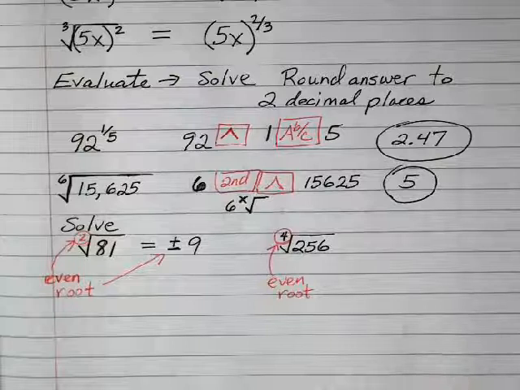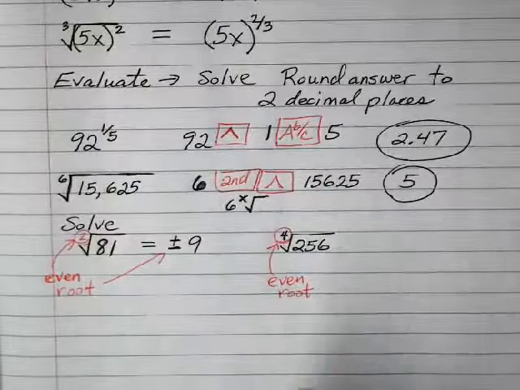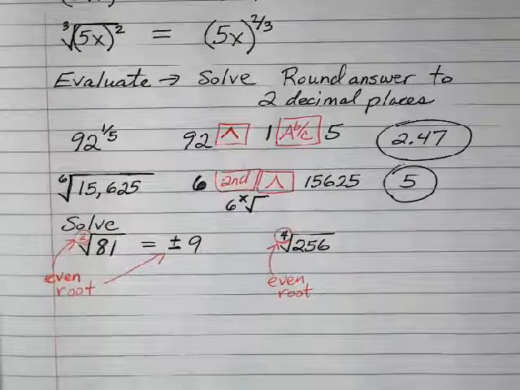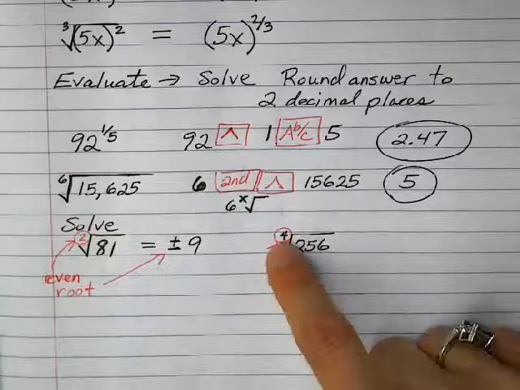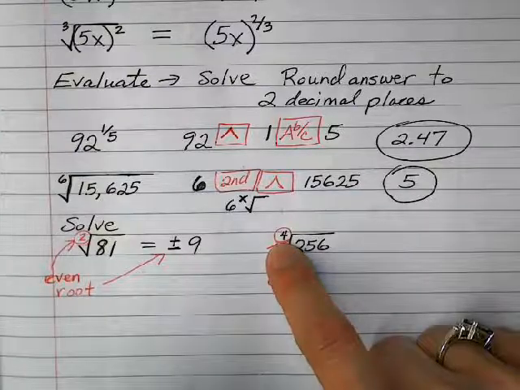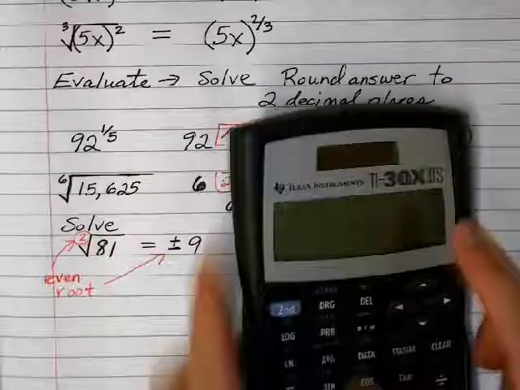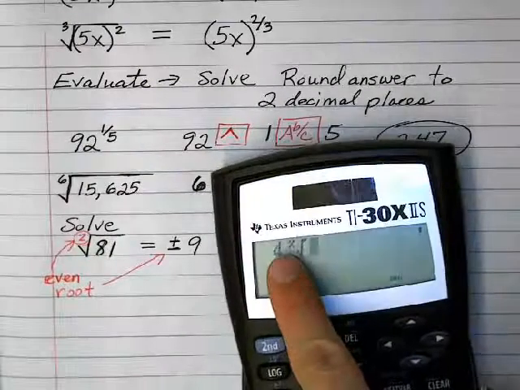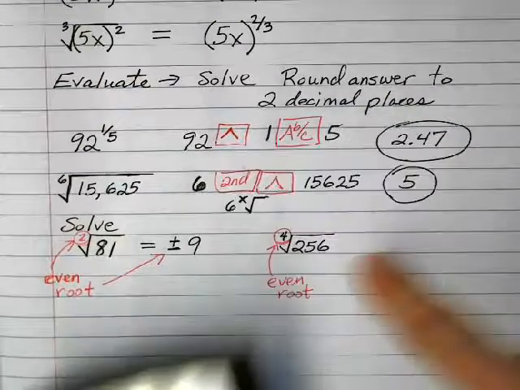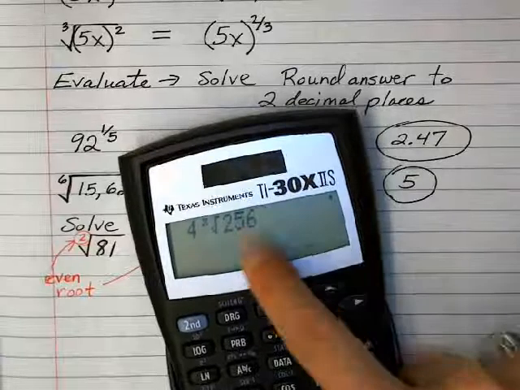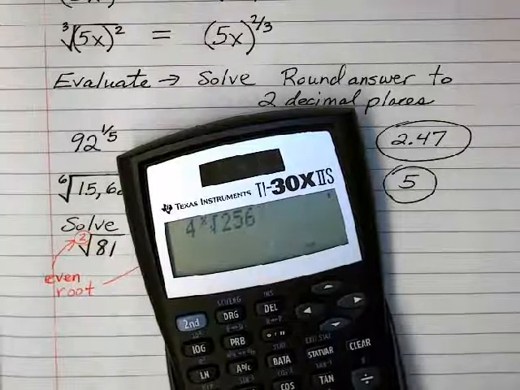So we could figure out the 4th root of 256 with the calculator. You can type 4 and then second and the power key to get the 4th root. So it looks like that with 4 with a little X box. You can do the 4th root of 256 on your calculator pretty easily.